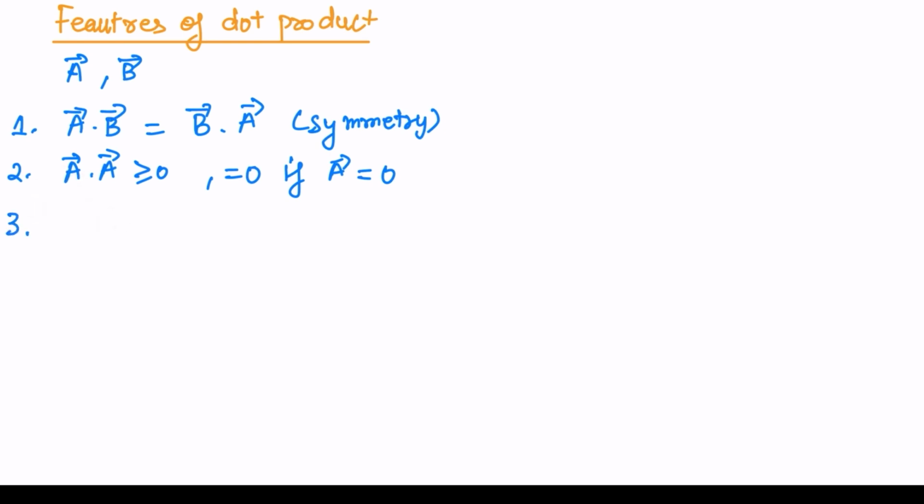And the third one is linearity. Imagine you also have a third vector C, and you take the dot product of A with some combination B plus C, and the scalar can come out, so you can split the dot product like this.